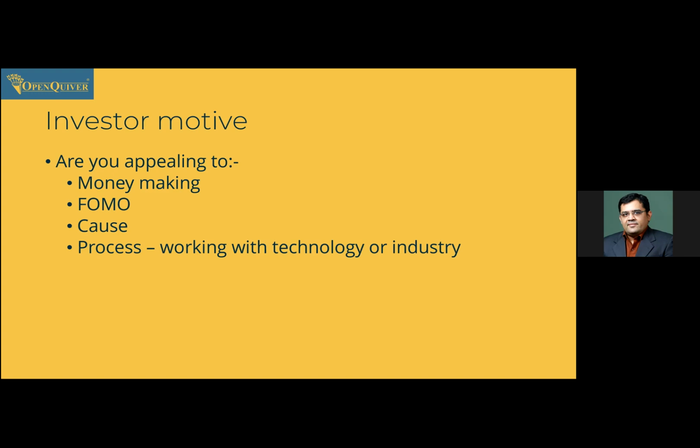These are all some of the things that you can appeal to, but make sure that you take only one of these tracks other than the money part. Either take the FOMO track or the cost track or the process track.